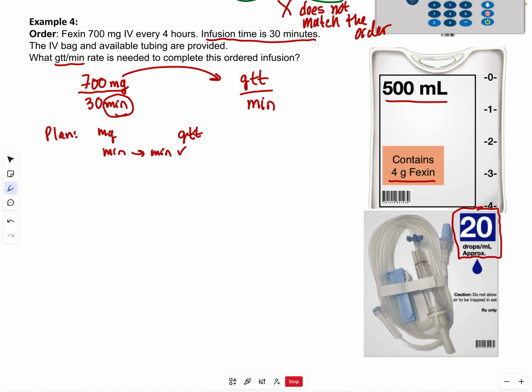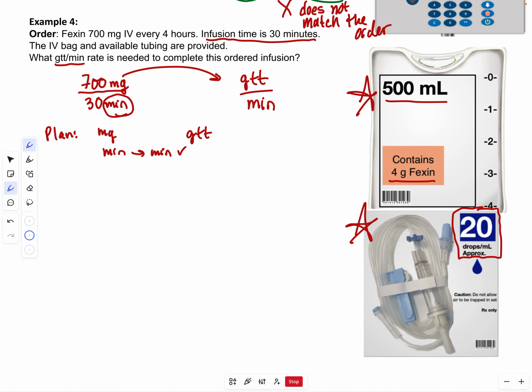I have to use the bag, and I have to use the tubing. If you want to pause the video here to write out what you think the plan would be, and this is probably, up to this point, the problem where a plan is going to be most important because there's a bunch of conversions. If you want to pause the video and try that.